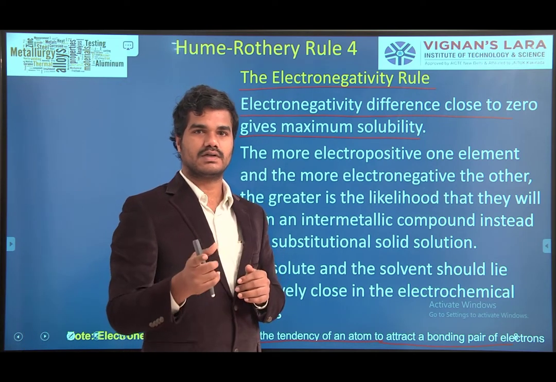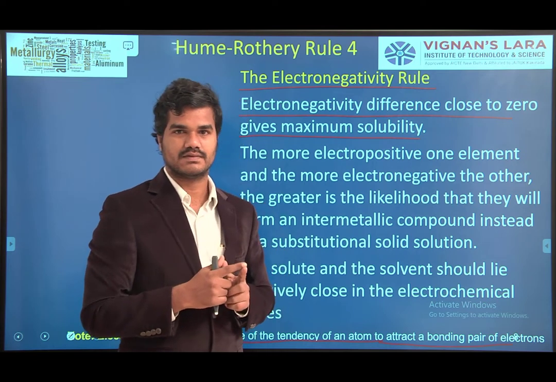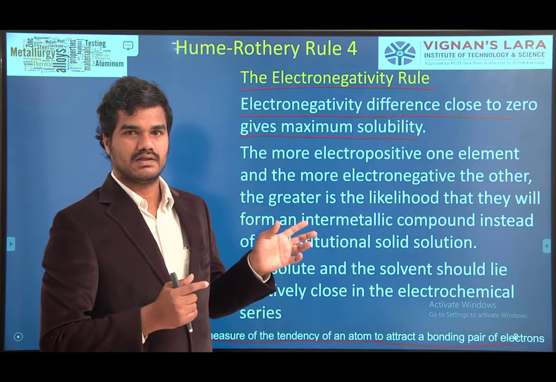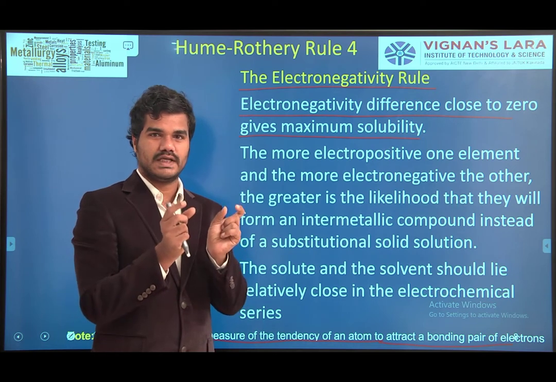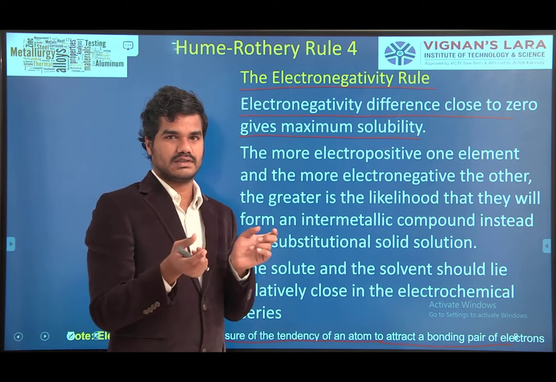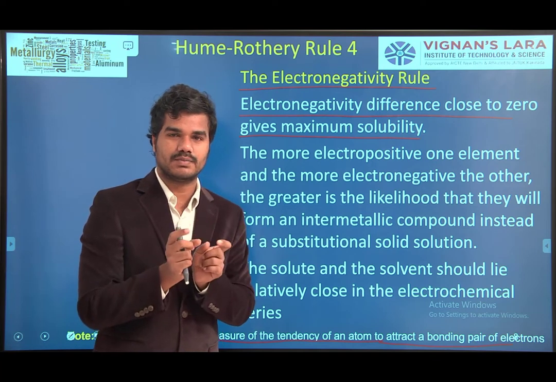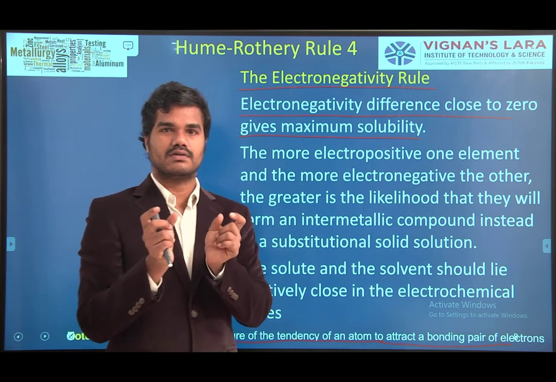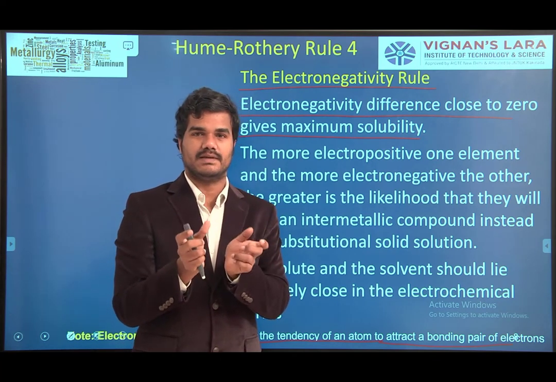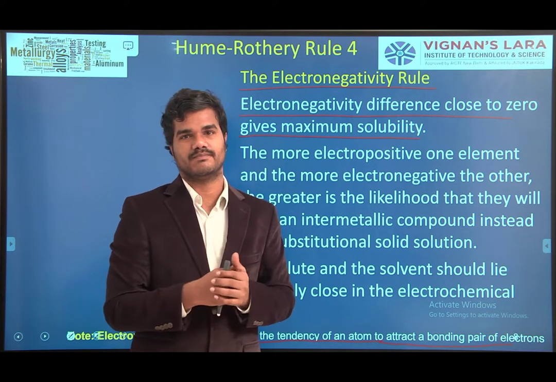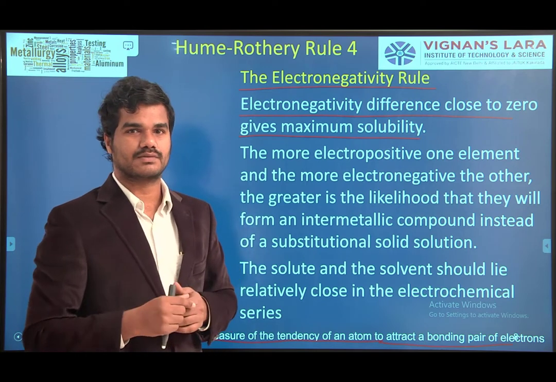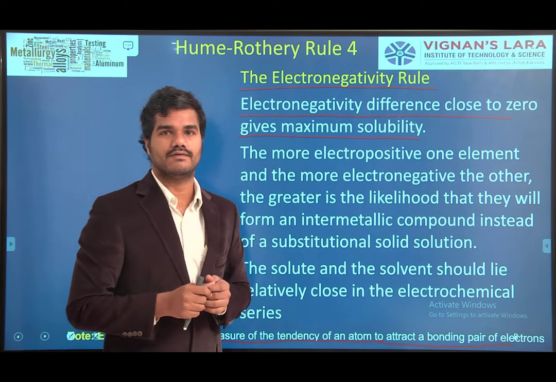What is electronegativity, you understand? And for maximum solubility, how should the electronegativity of both A and B be? A and B electronegativity should be the same, or the difference between electronegativities of A and B is 0. Then those have maximum solubility. That is Hume-Rothery rule 4.